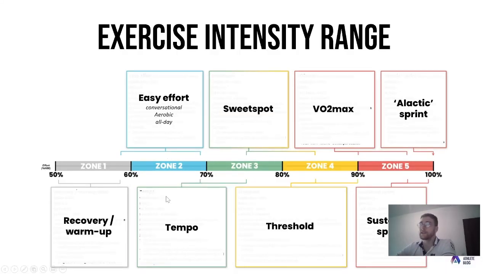There are different types of intensities that we can do in a training session. For example, as mentioned, we can have a recovery or warm-up effort, we can have an easy session, but then we also have tempo, sweet spot, threshold, VO2 max, sustained sprint, and lactic sprint.